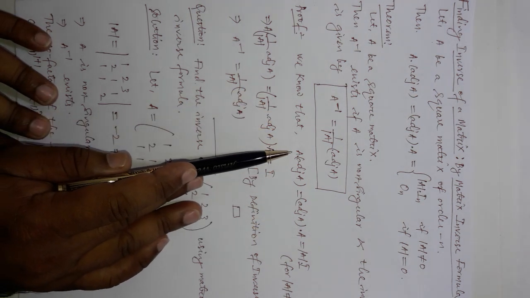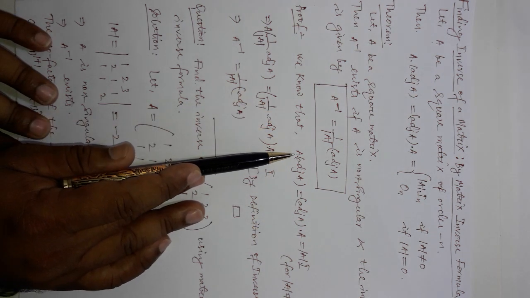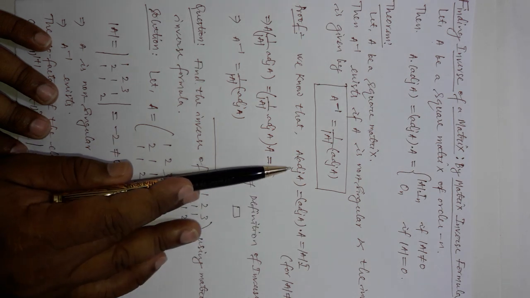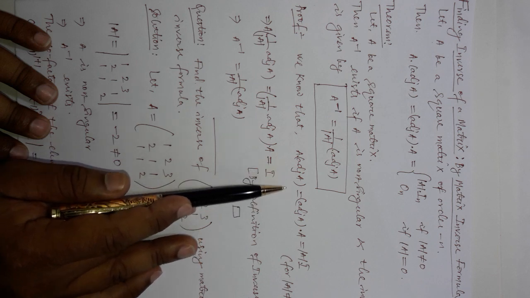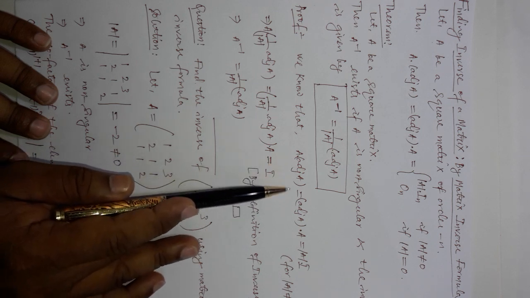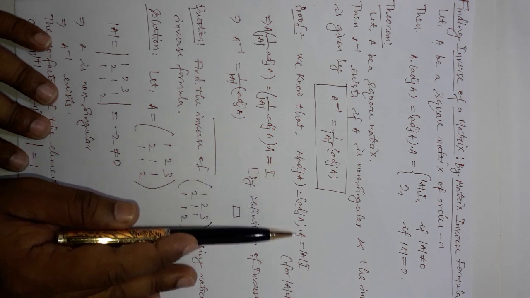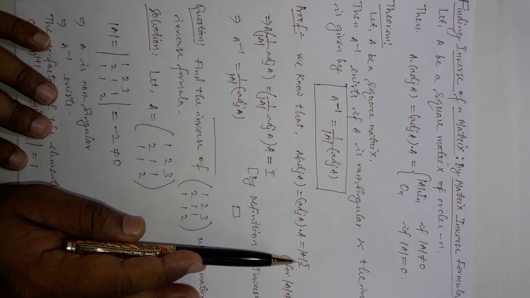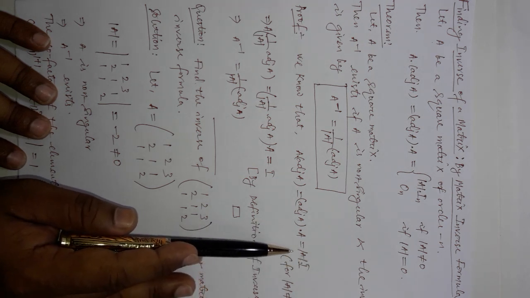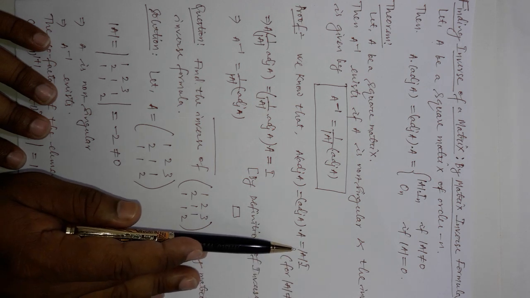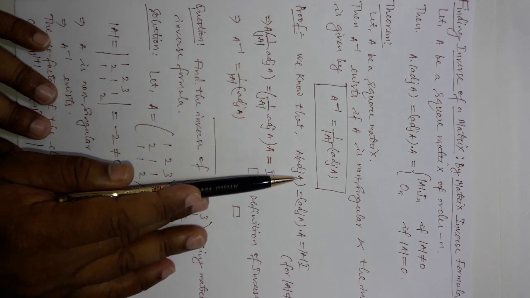As you can see, the product of A with adjoint of A is equal to adjoint of A into A. This is not usually written, but it is a very important condition, that the product must be commutative. Then the product should be equal to the determinant of A into the identity matrix. As the determinant of A is a scalar, a non-zero number, we can divide on all the three expressions.